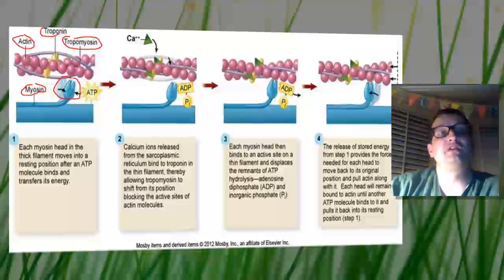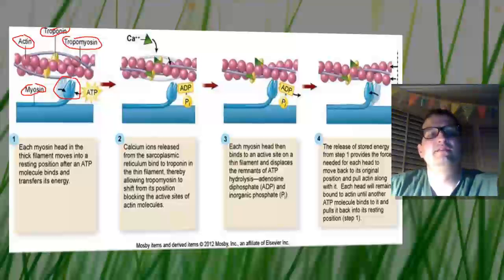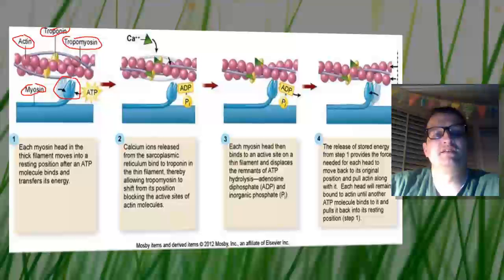And then troponin here is the receptor for the calcium. So what happens first is ATP binds to the relaxed myosin head, and calcium comes in and connects.